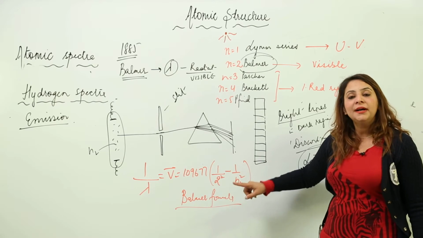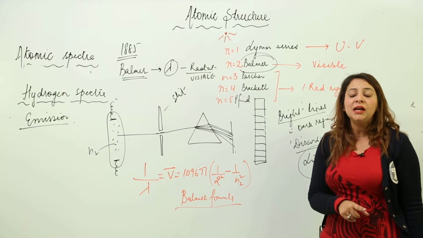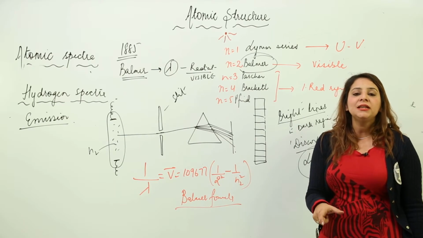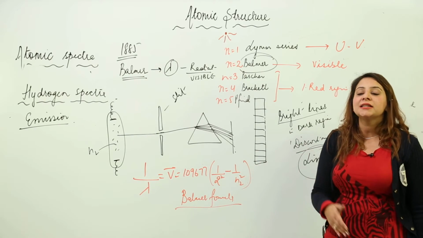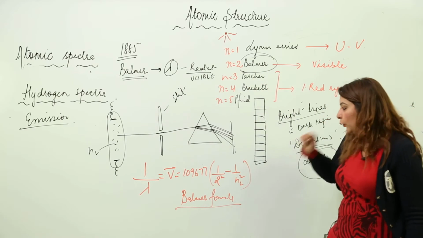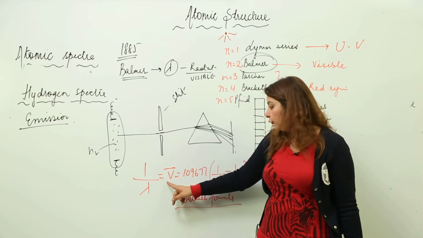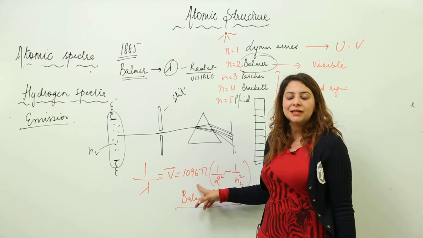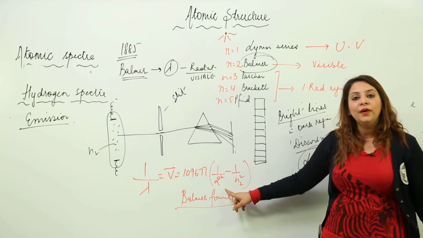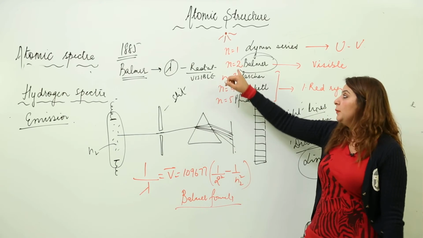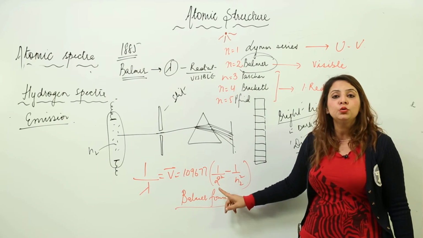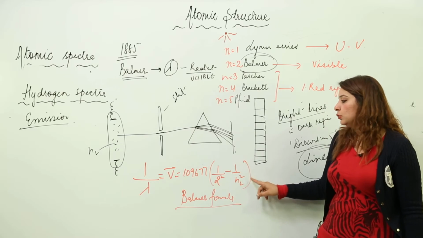It is the formula given by Balmer only to calculate the wavelength of the radiation occurring in the visible region, that is in the Balmer series. And what's that? 1 over lambda, the wave number, is equal to 109677 times (1 over n1 square minus 1 over n2 square), and because it is for Balmer, n1 is 2, so it has to be 2 square minus n2 square.